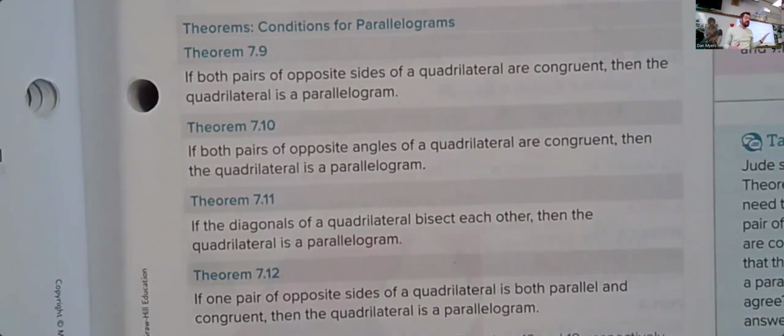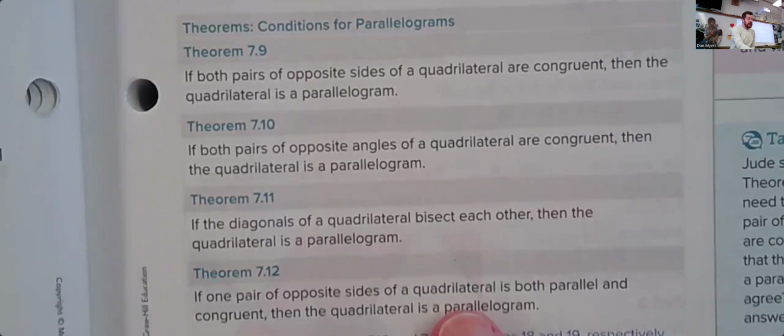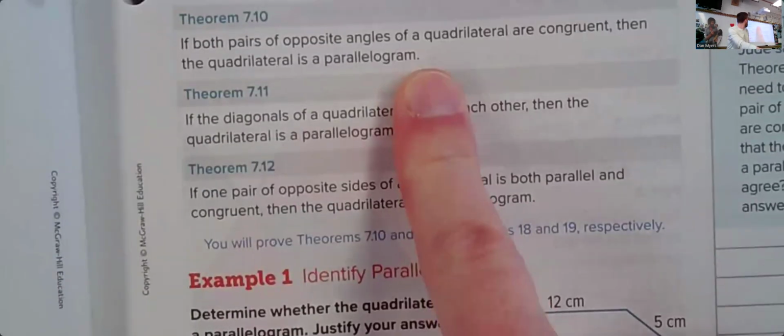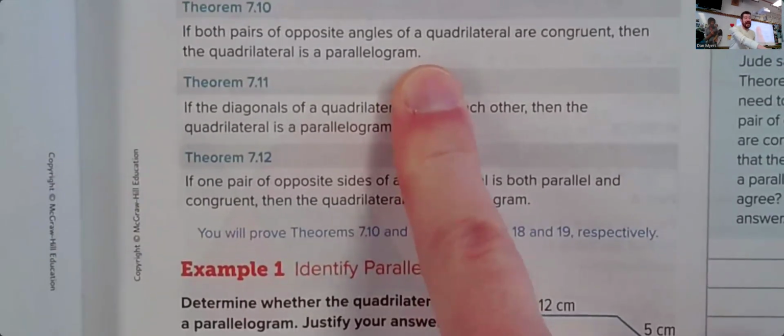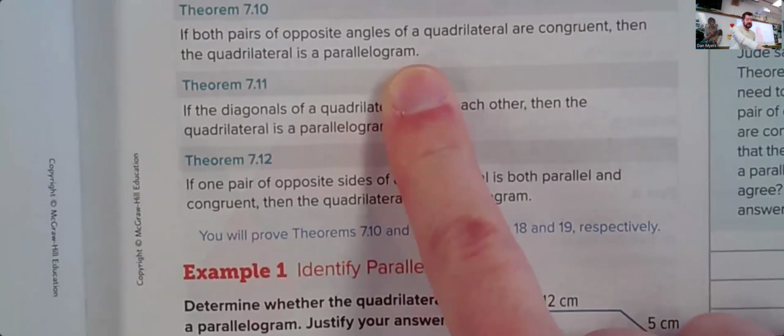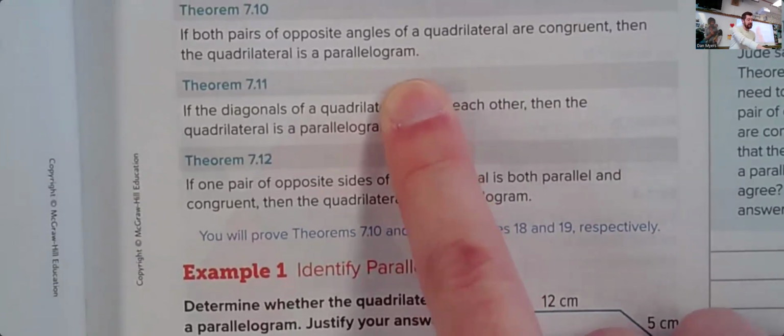So if you can show that the opposite sides are parallel using slope, that means that it's a parallelogram. If you can show using perhaps the distance formula that the lengths of the opposite sides are the same, then it's a parallelogram. If you can prove that pairs of opposite angles in a quadrilateral are congruent, then it's a parallelogram.